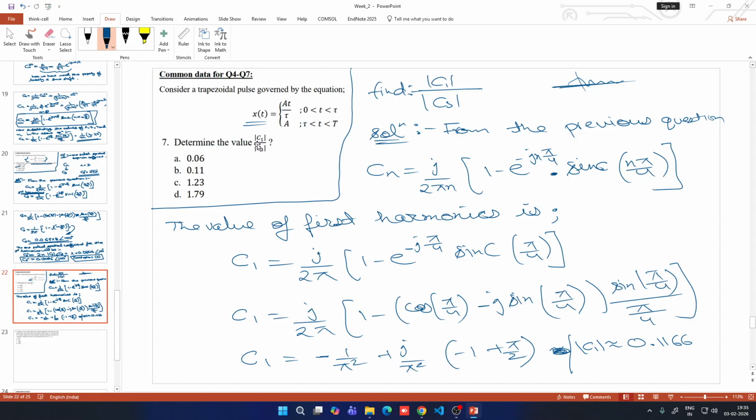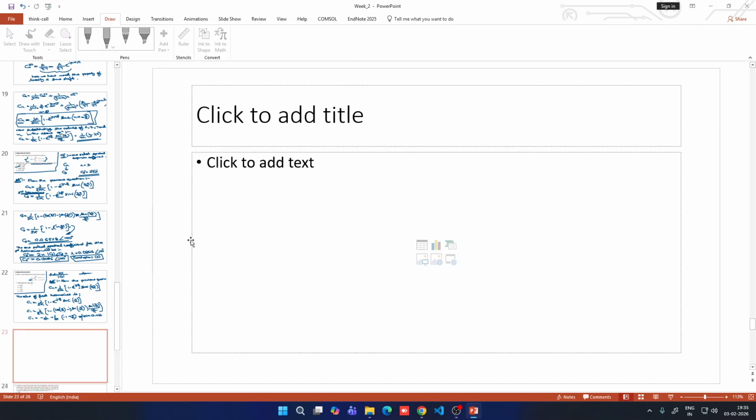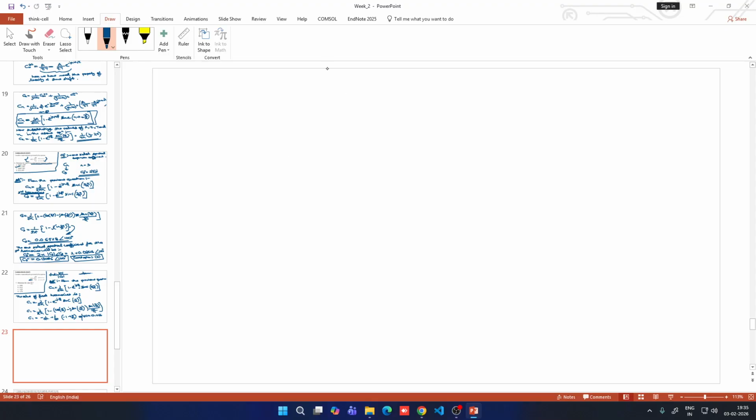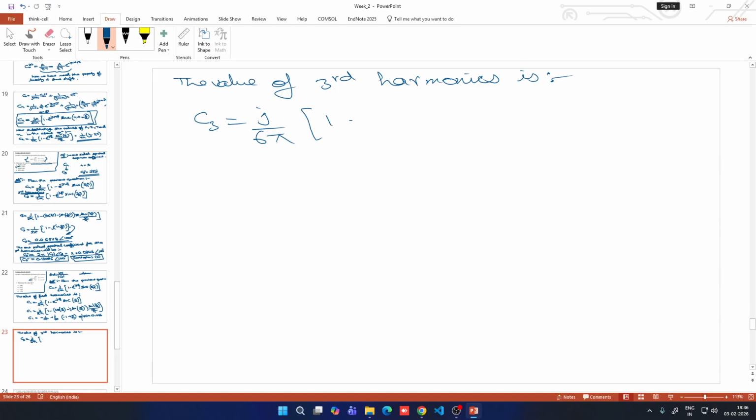Now we have to find the ratio of the C1 amplitude with the C3 amplitude. In the previous problem, question number 6, we already found out what C3 is. The value of the third harmonic, C3, is j by 6 pi into minus 3 pi by 4, and sinc 3 pi by 4.